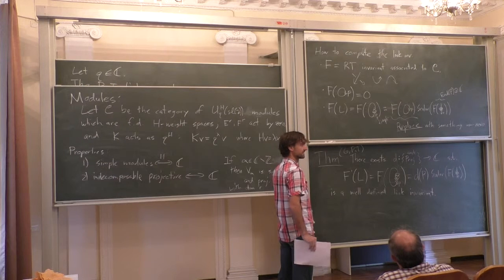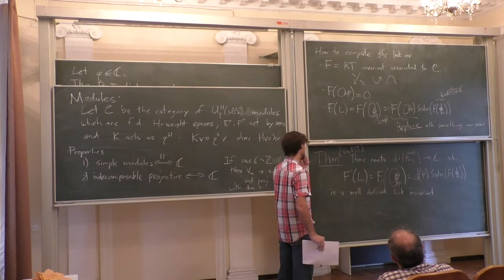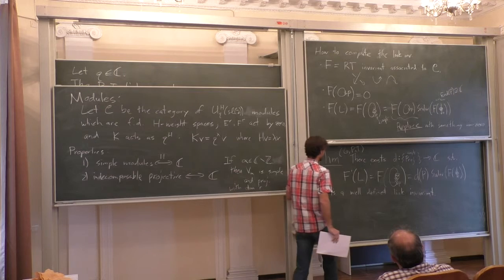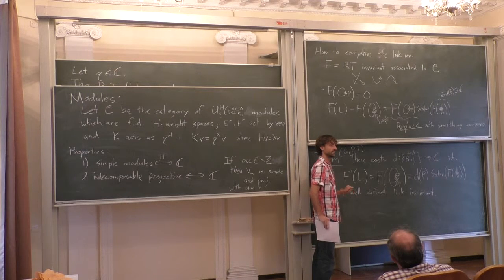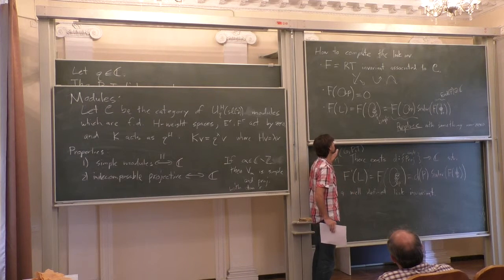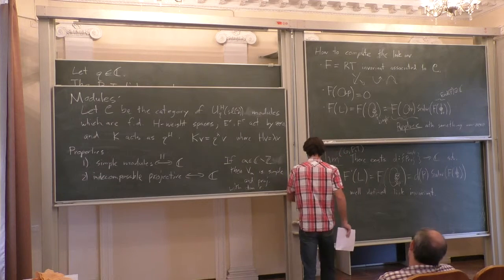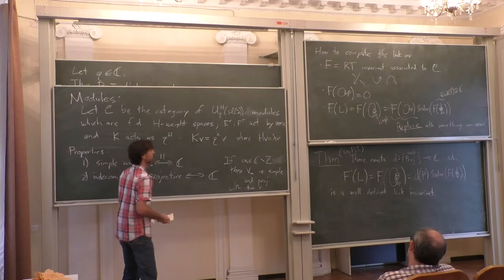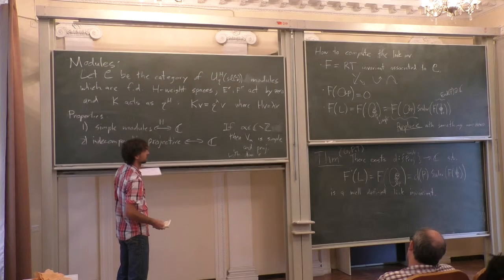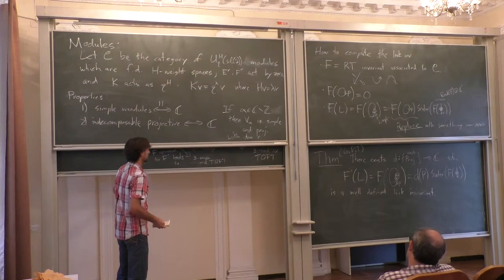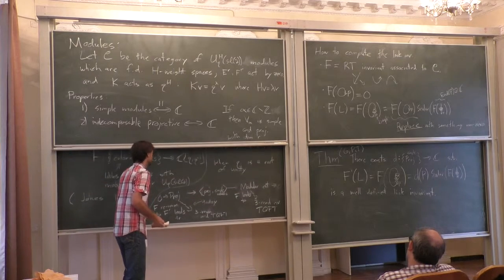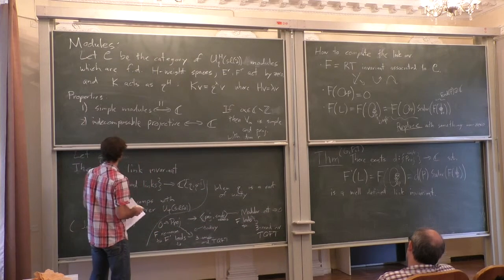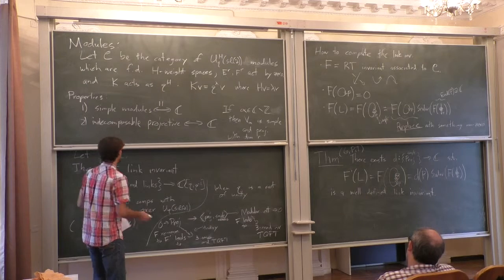It recovers the Alexander polynomial, and also has Kashaev's invariant inside of it. It's a different kind of invariant than before. So now we want to use this invariant to make a three-manifold invariant.